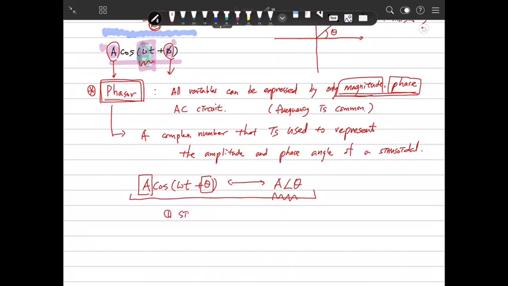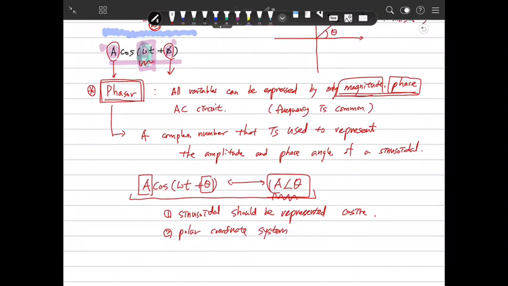The sinusoid should be represented as a cosine function, and the phasor can be expressed in the polar coordinate system.